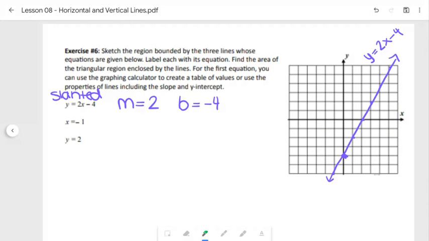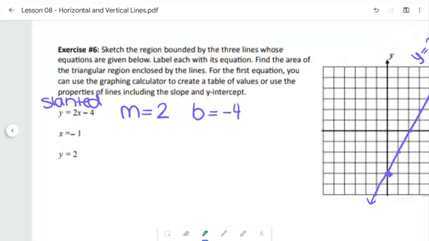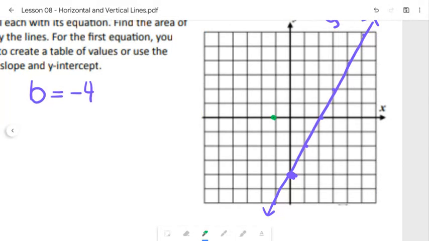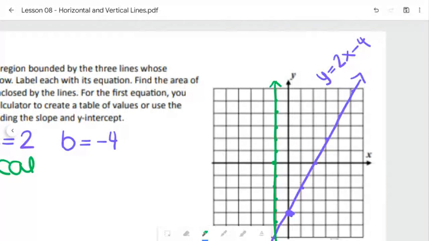Next equation was x equals -1. That's a vertical line. As soon as we see x, we know it's vertical. So we're going to where x is equal to -1, right? So all these points are the x value being equal to -1. I'm going to label that one as well.